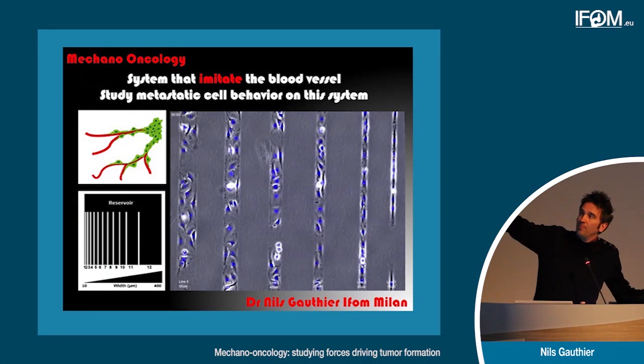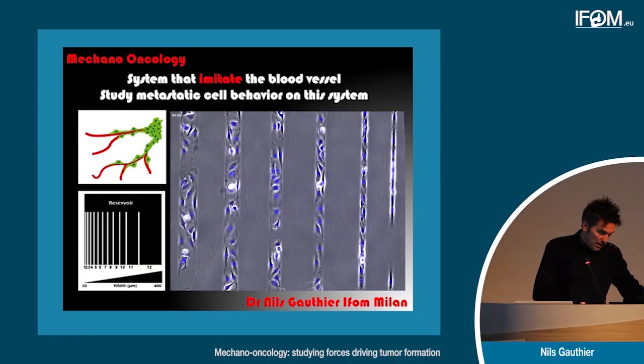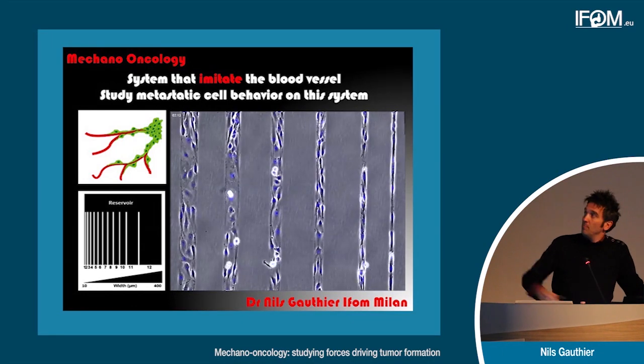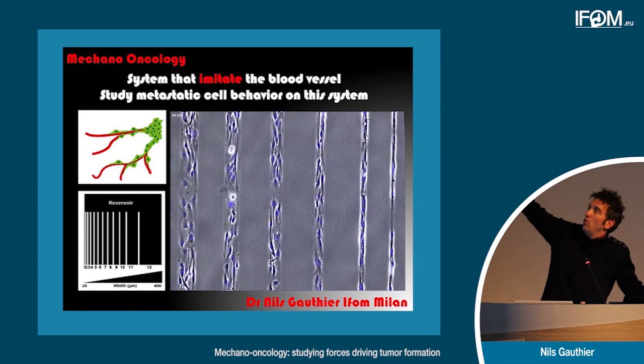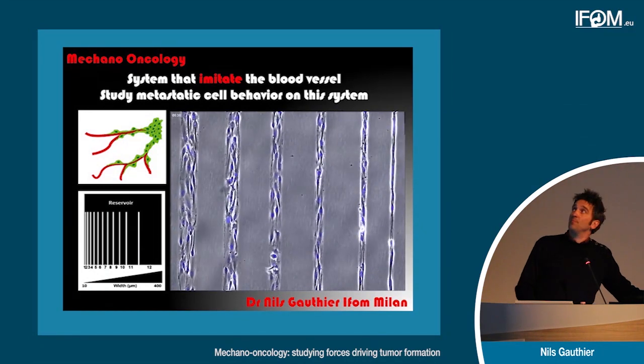This is all the white, the dark line here. And then we record cells on it. Here you have a glioblastoma cell coming from a patient. The blue is the nucleus of the cell. And you're going to see how they migrate, how they crawl along this.